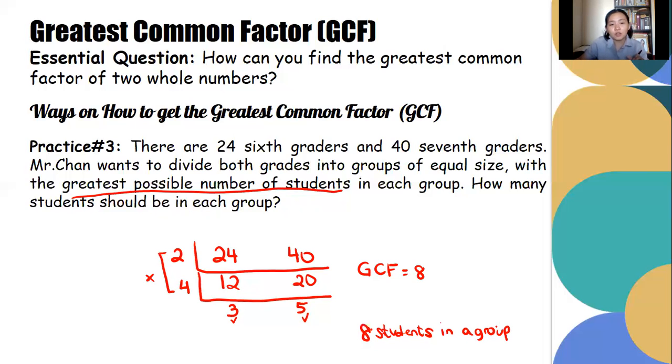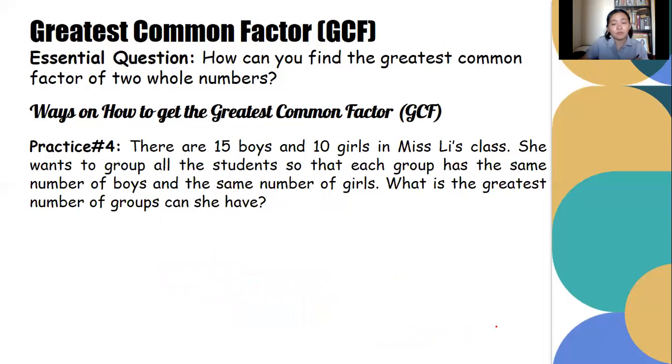Let's try another problem. There are 15 boys and 10 girls in Miss Lee's class. She wants to group all the students so that each group has the same number of boys and the same number of girls. What is the greatest number of groups she can have? So we have 15 and 10.